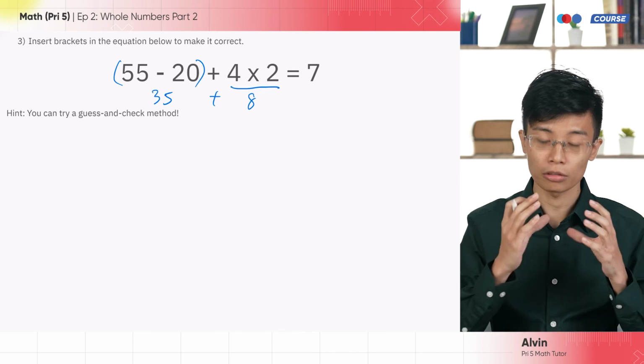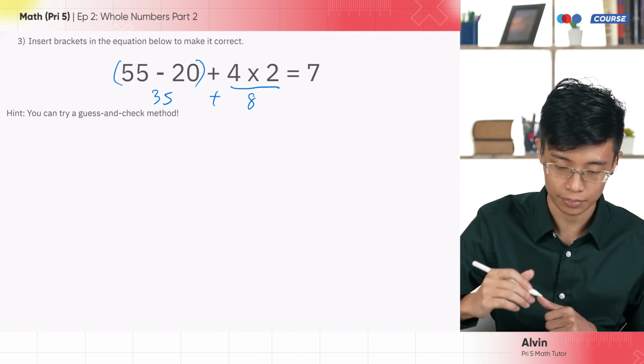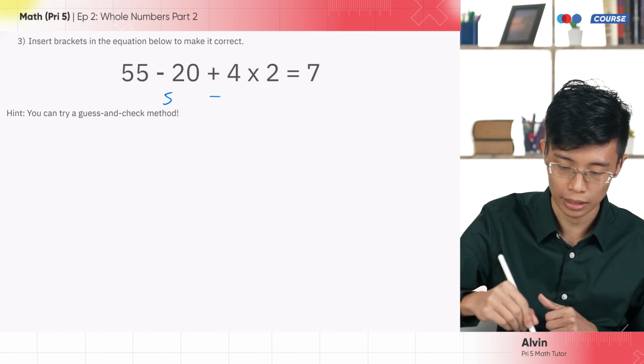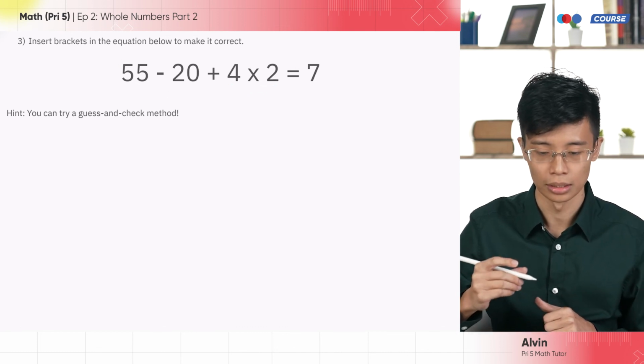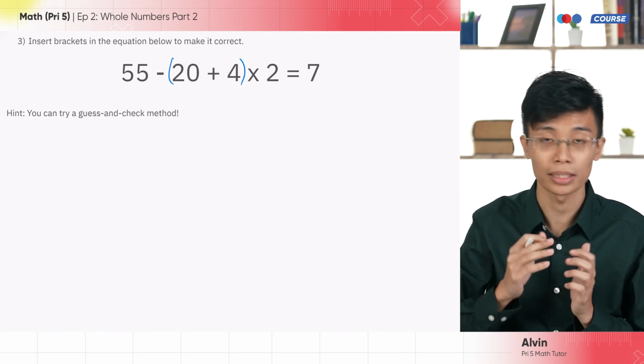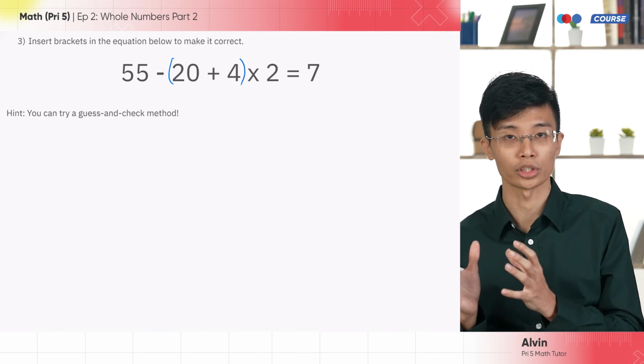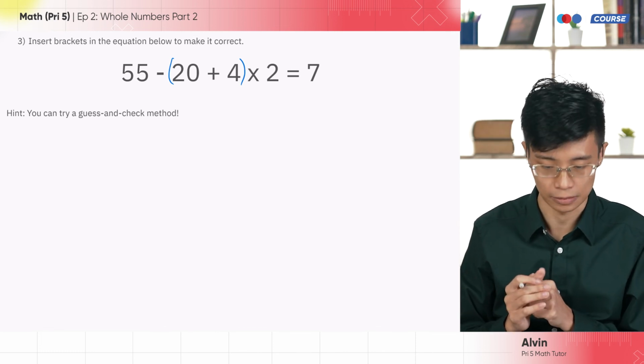So we can wrap the brackets around another operation. Let's say we erase this and try the brackets covering the 20 and the 4. Just do something systematically, so we can put the brackets according to different operations, and then you see whether we can get the answer.